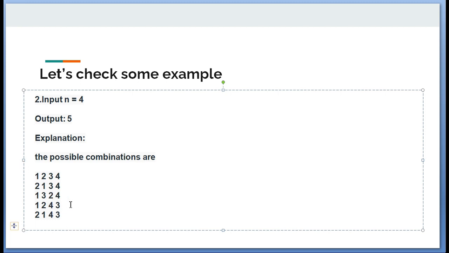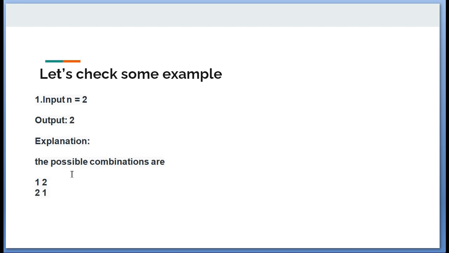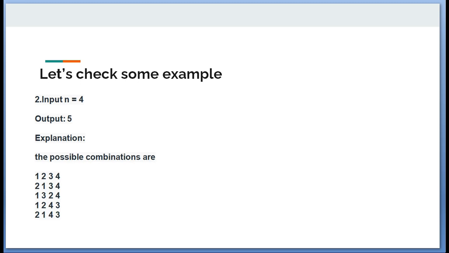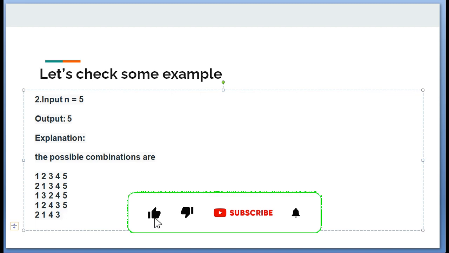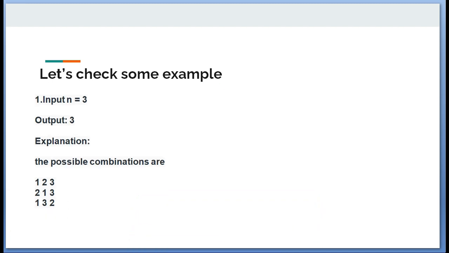Now when we are putting 4 and 3, we can simply take the valid combinations of n minus 2, see 1 2 and 2 1, and we can put them like that. So when we go for n equals 5, suppose n is 5, we will put 5 here, 5 here, 5 here, 5 here, 5 here. So this is valid when 5 is at last. Then we will go to the n minus 1 position.